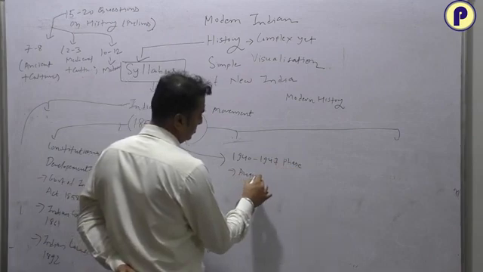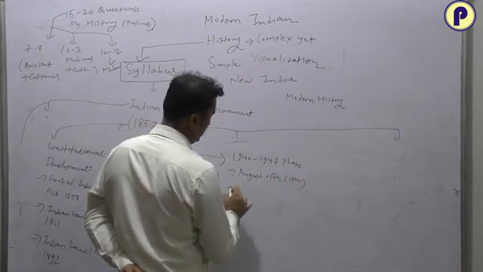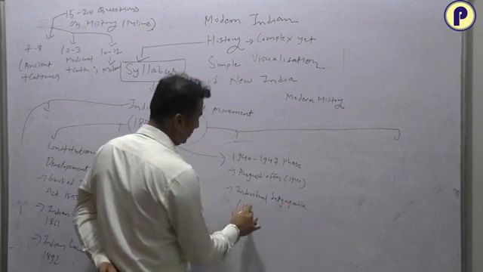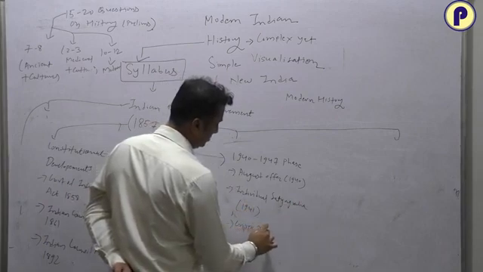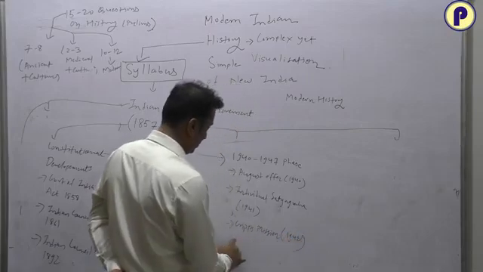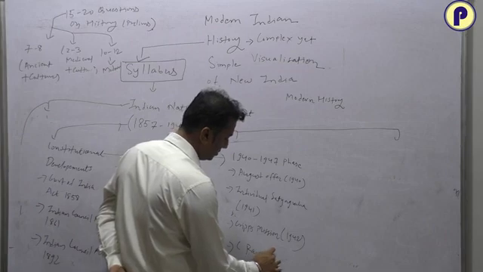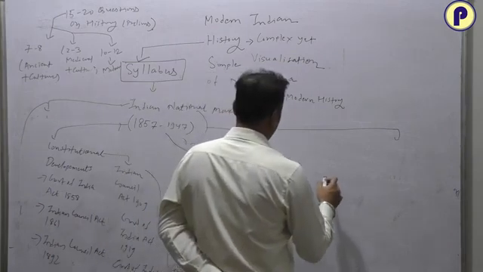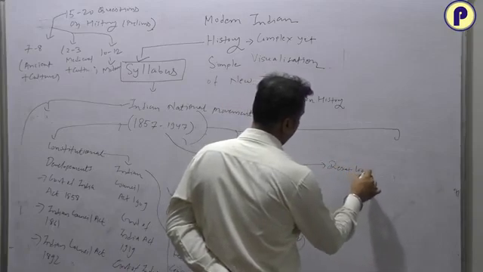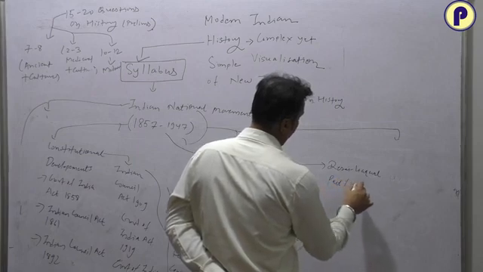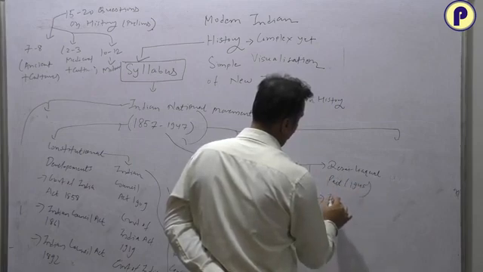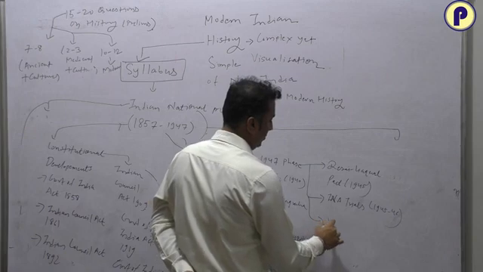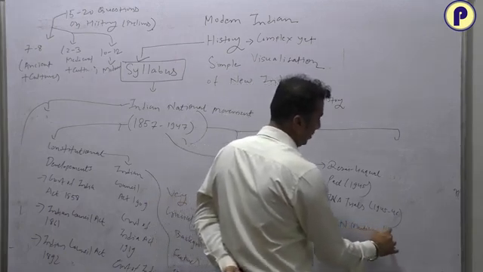So we have August Offer, 1940, Individual Satyagraha, 1941, Cripps Mission, 1942, C. Rajagopalachari formula, 1944, Desai-Liaquat Pact, 1945, INA trials, 1945-46, Royal Indian Navy Mutiny, 1946.